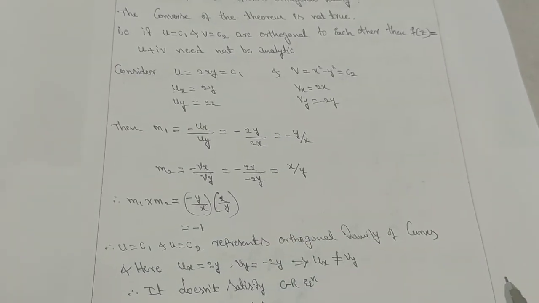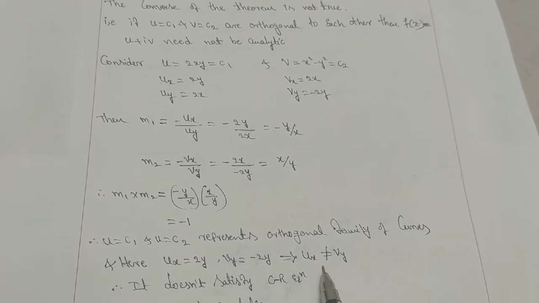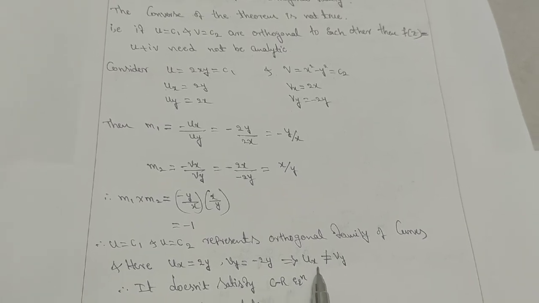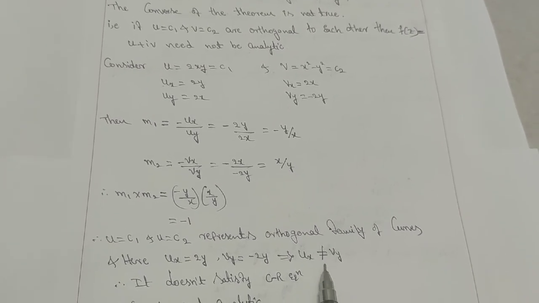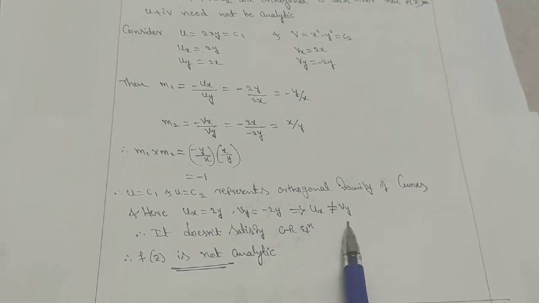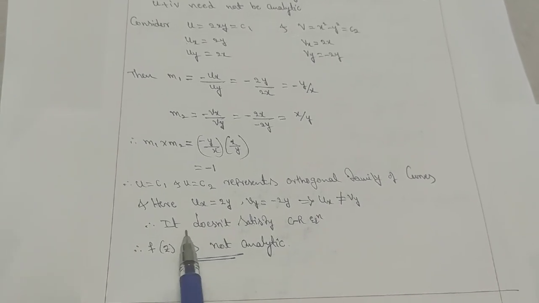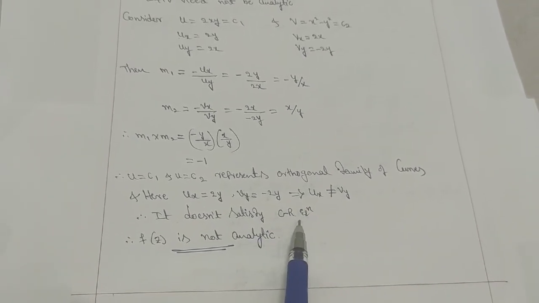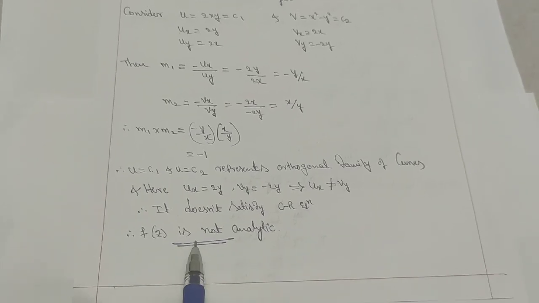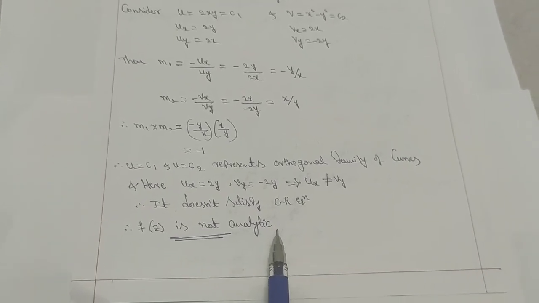By the CR equations, we should have ux equal to vy. So here we are not getting the same values. So we can say ux is not equal to vy. That means it doesn't satisfy the CR equation. So we can say f of z is not analytic. Here's the proof.